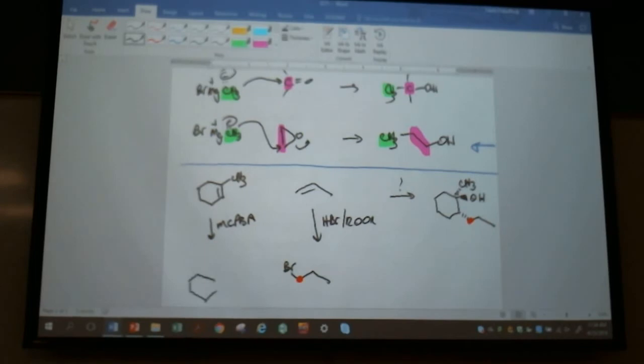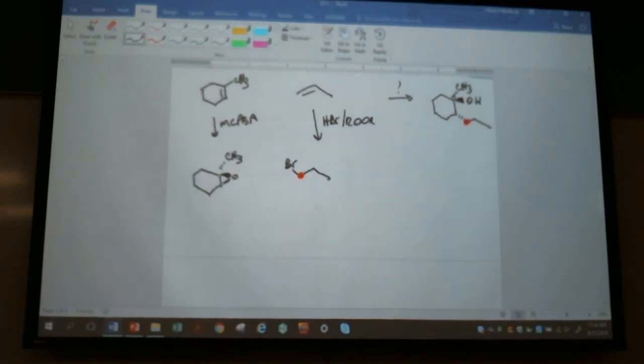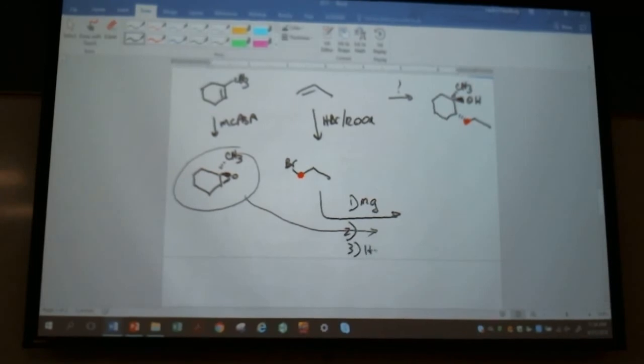And then I want the OH on the front, so that when this opens, it stays on the front. So now all I need to do is, from here, put magnesium to make the Grignard, add this here, then H3O plus.